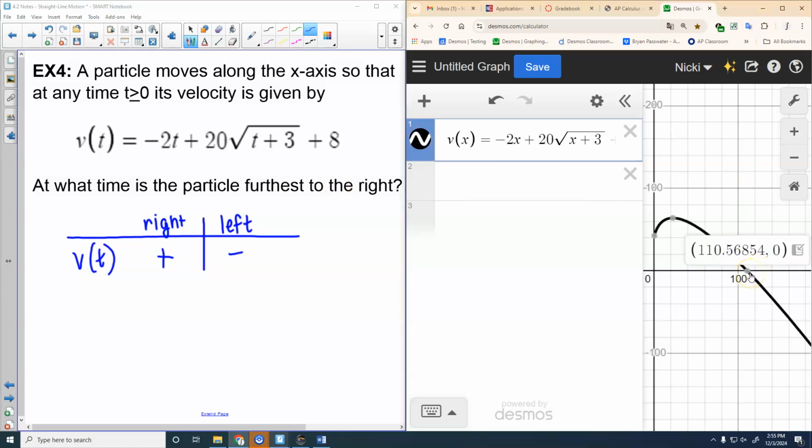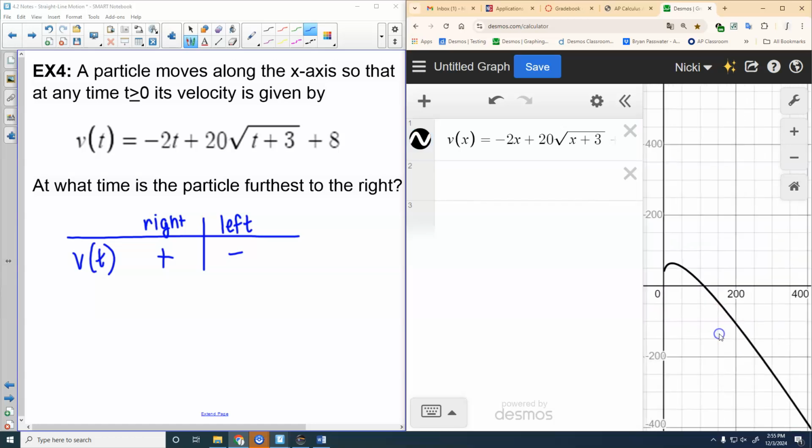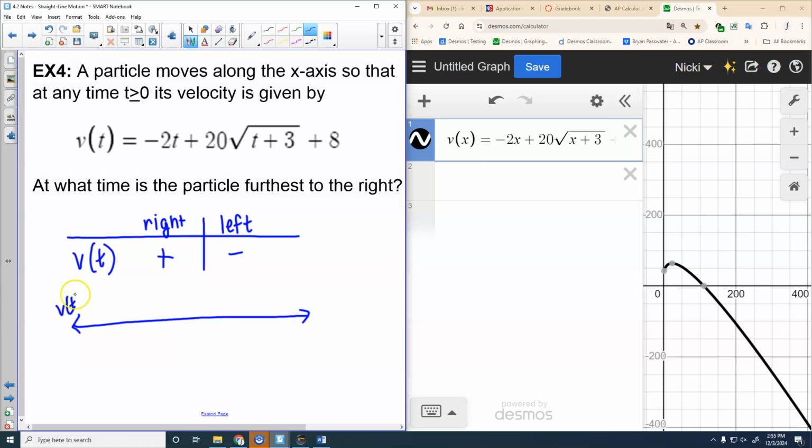Right here at 110.56854, right? In this particular case, this graph only switches one time. So if we made a sign line for v of t, starting at 0 because that's all we care about, then at 110.56854, our velocity is positive here, our velocity is negative here, and continues to be negative for all of eternity, right?